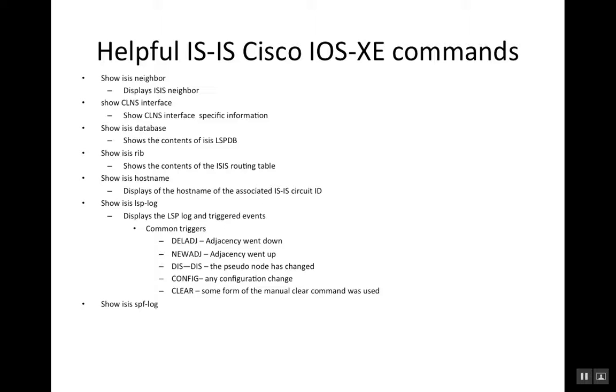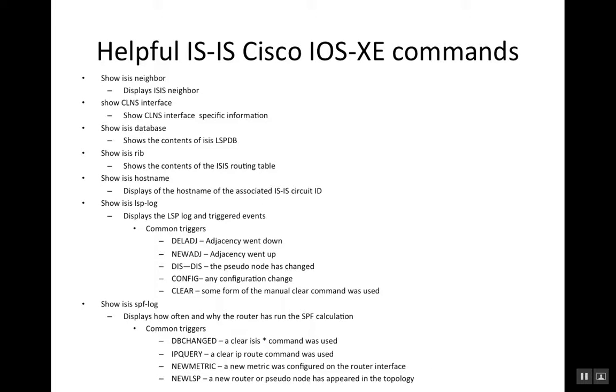The show ISIS SPF log displays how often and why the routers run the SPF calculation. Some of the common triggers are: the database has changed, so somebody did a clear ISIS star command, which means you're clearing the ISIS process altogether, which makes the control plane reconverge and forces the SPF tree to get rebuilt.